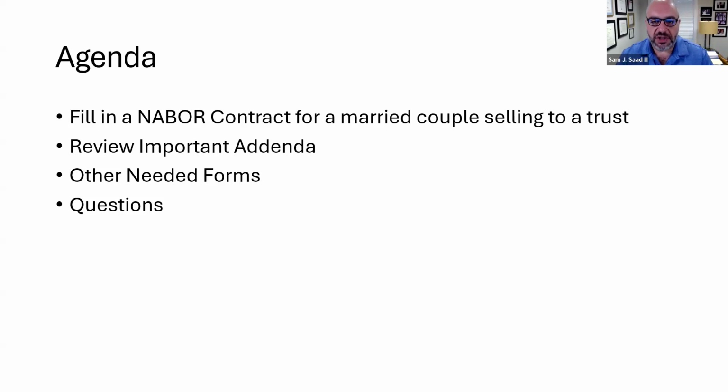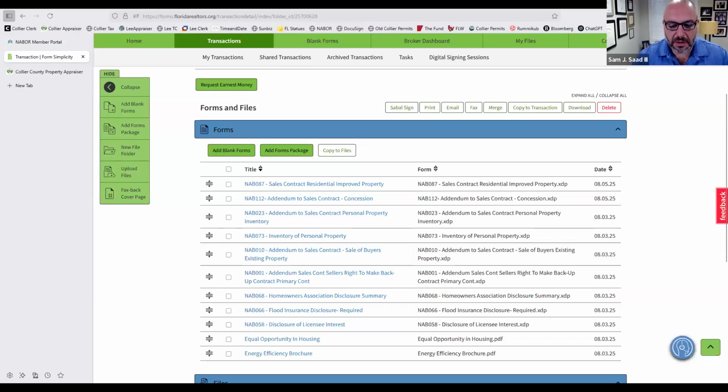So I'm going to switch over. We're going to use Form Simplicity today, which is the forms program provided by Florida Realtors. We're going to screen share again in Form Simplicity. All right, so this is your Form Simplicity.